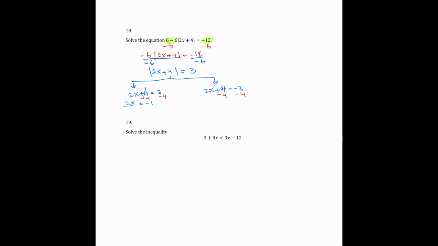From that I get x is equal to negative 1/2. And the other one, I will get 2x is equal to negative 7. Divide by 2. You get x is equal to negative 7 over 2. And you can just keep it like that.